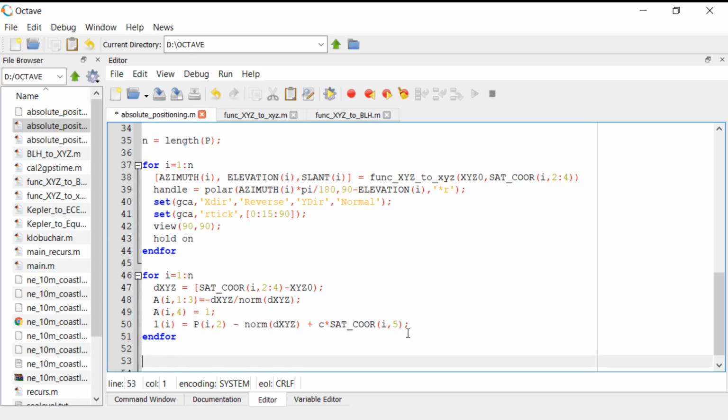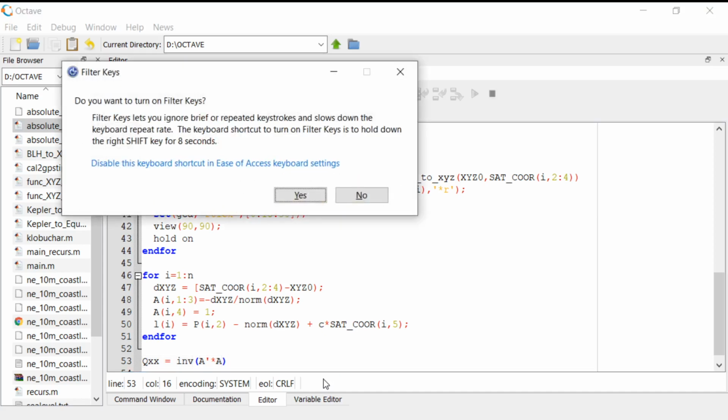I will make the QXX matrix. So this is the multiplication of A transpose times A. This is the coefficients matrix A, but I will take the inverse. If you look at the videos in the 8th week, we have made that.